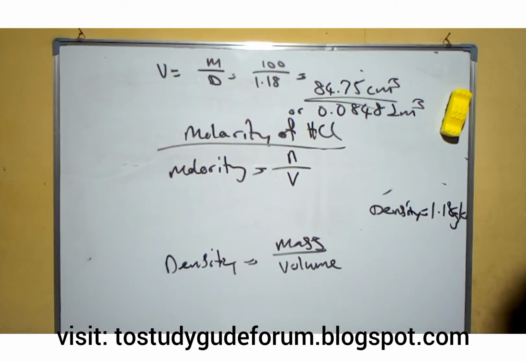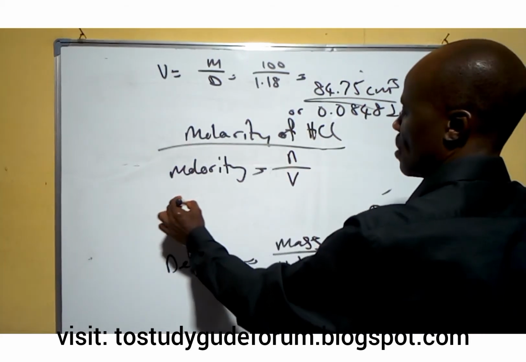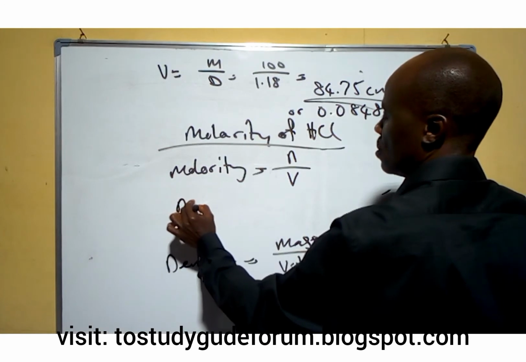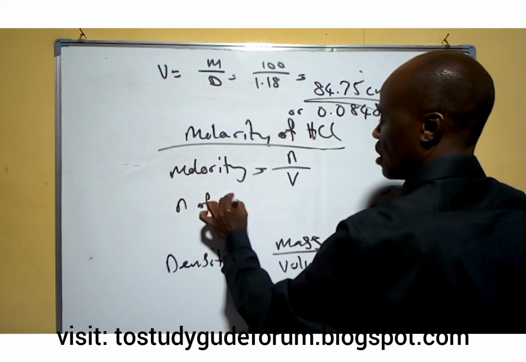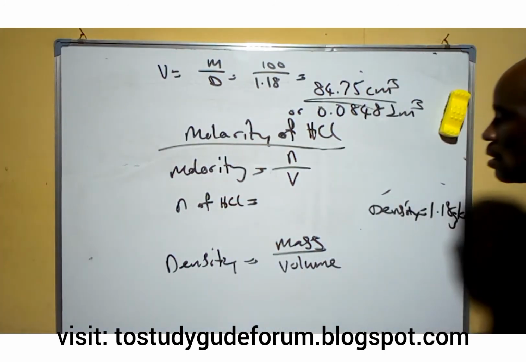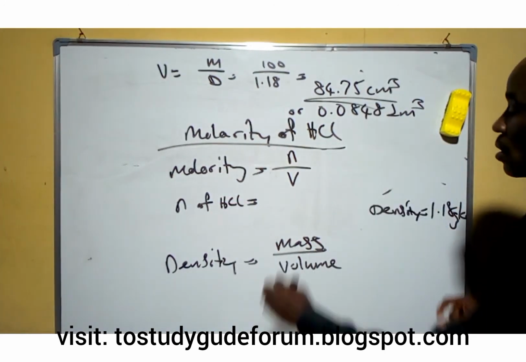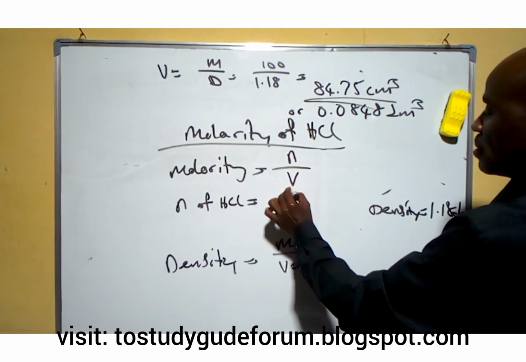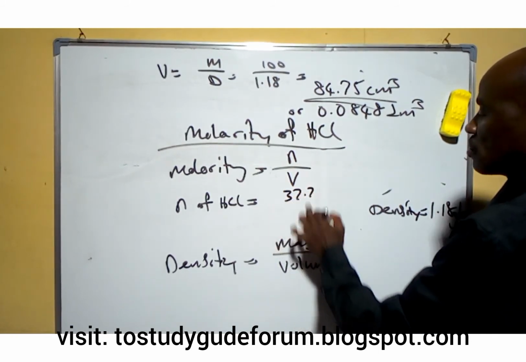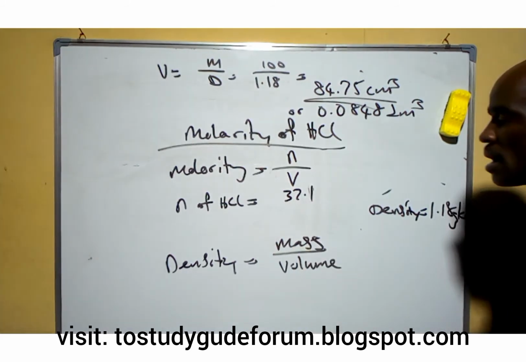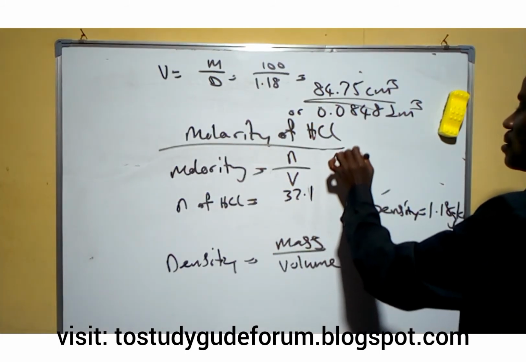Now, to get the amount of HCl, that is in moles, we use the mass. Remember, the mass is 37.1, and the molar mass.